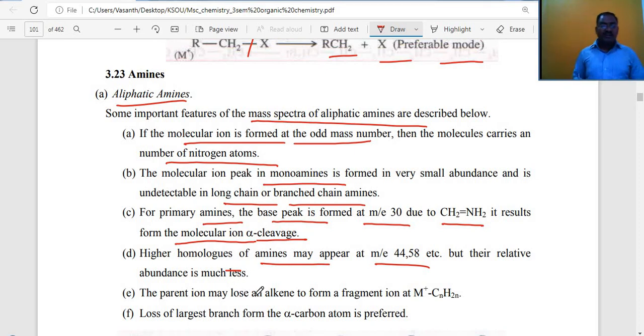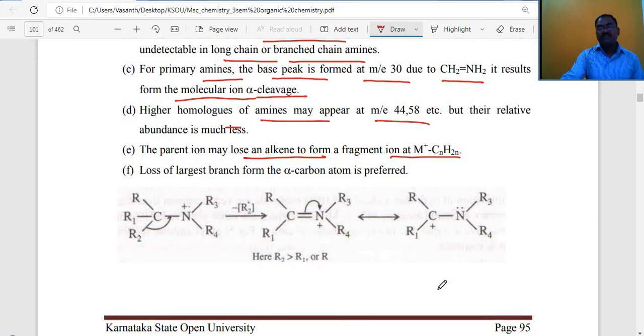The parent ion may lose an alkene to form the fragment ion M minus CnH2n. The loss of the largest branch from the alpha carbon atom is preferred. Look here at R2, which is shifted, with breaking of this bond and formation of this pi bond.